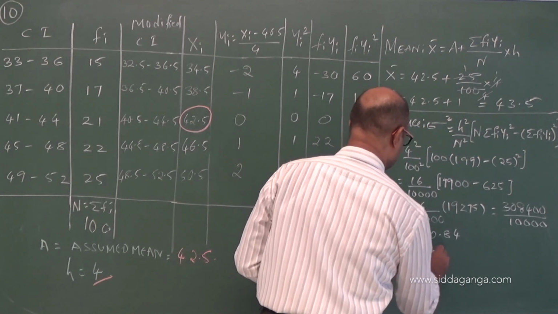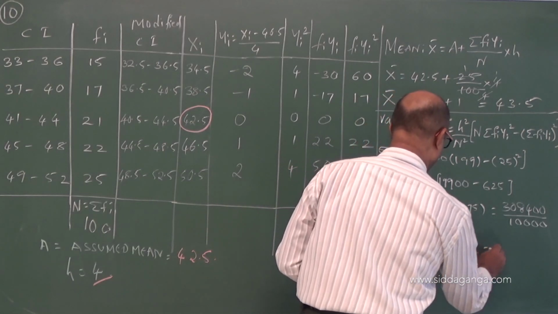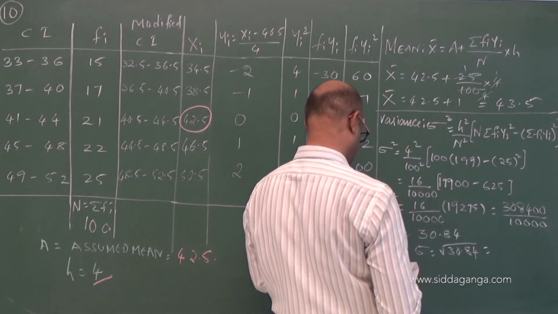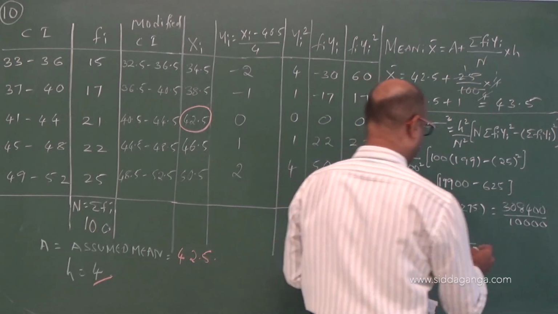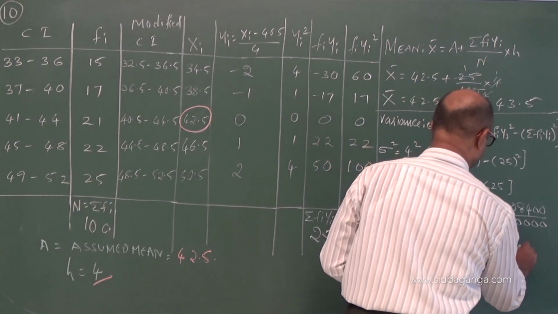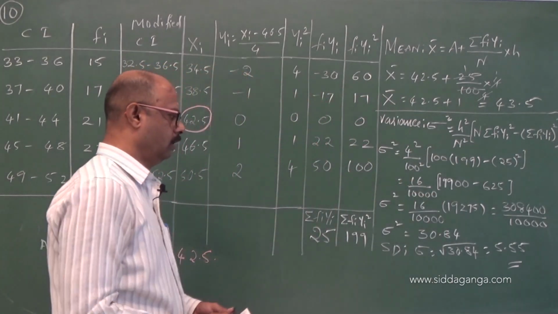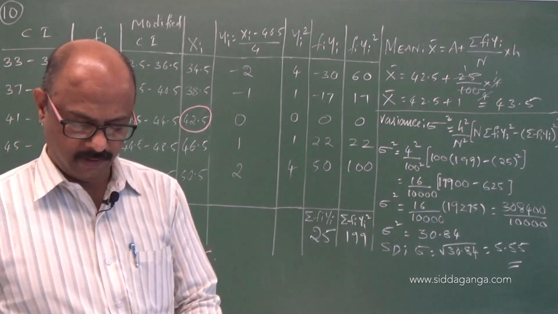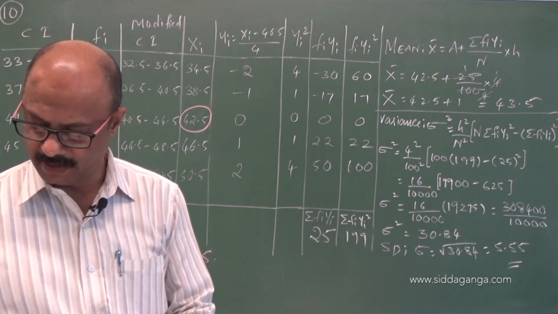Standard deviation sigma is equal to root of 30.84. So root, you will get 5.55. This is the standard deviation. So the standard deviation is like this. You will get 5.55.